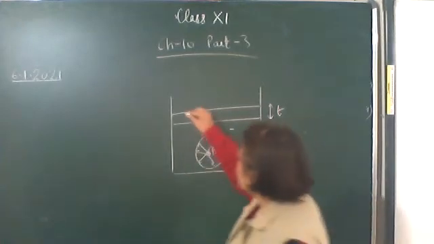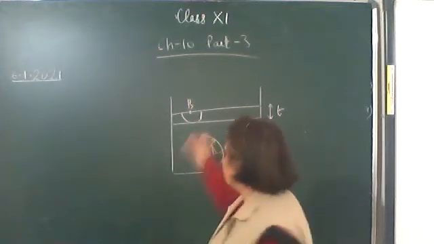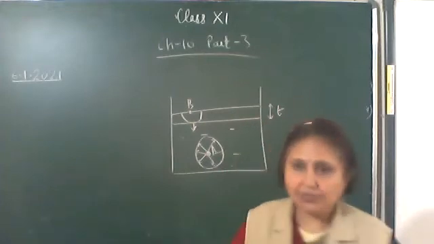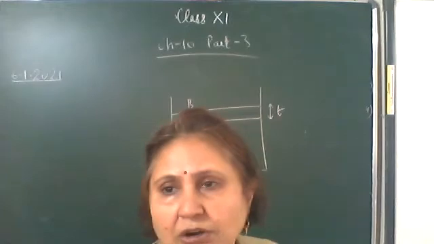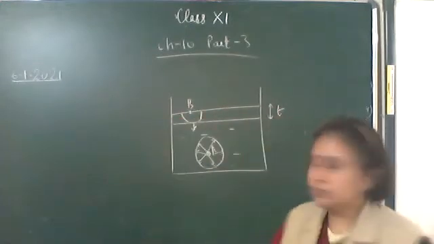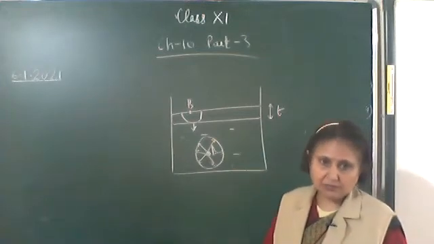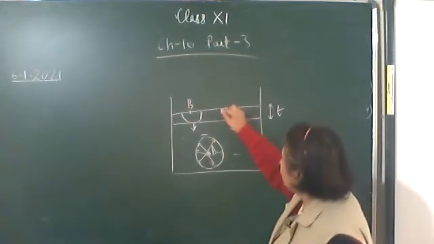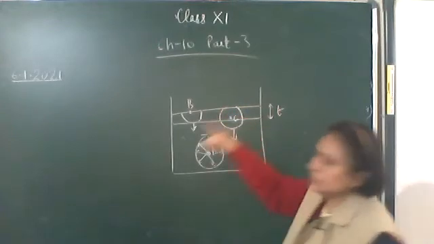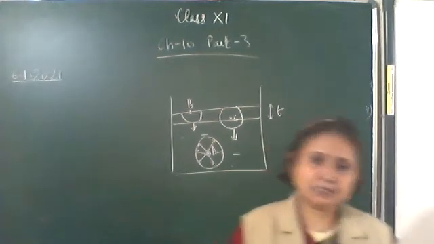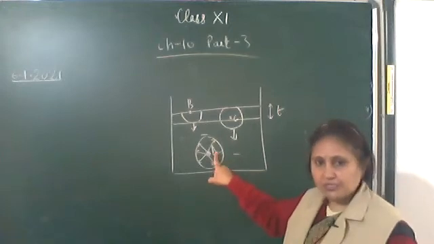Whereas the molecules which are on the surface film, let this be molecule B, will experience a net downward force. Also, any molecule on the surface film, whose sphere of influence is partly outside the surface film, will experience a downward force. So all these molecules on the surface will experience a downward force.